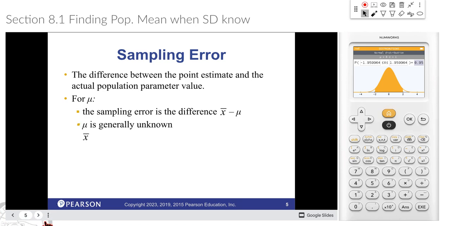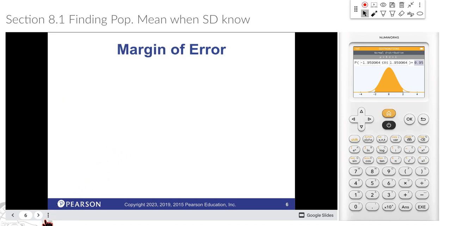Oftentimes the population mean is unknown because, again, we're dealing with a population of sometimes massive sizes. We can't actually get all the data. However, the sample mean varies from sample to sample, so it's something that's going to have some variation in it. So we want to calculate what the margin of error is, and that's going to help us build our confidence interval.